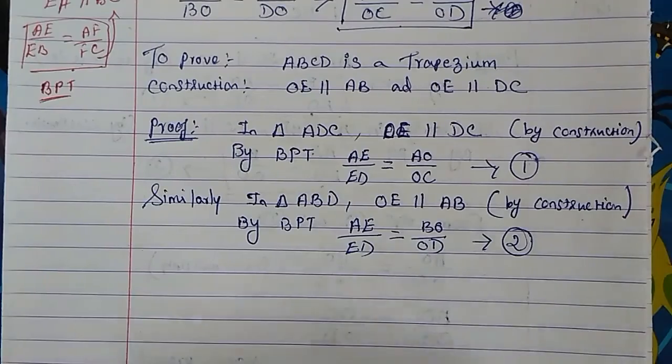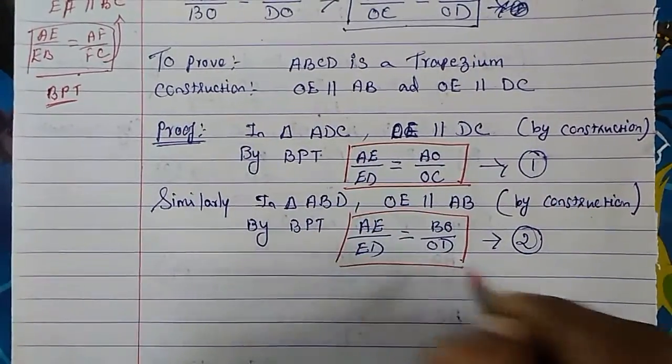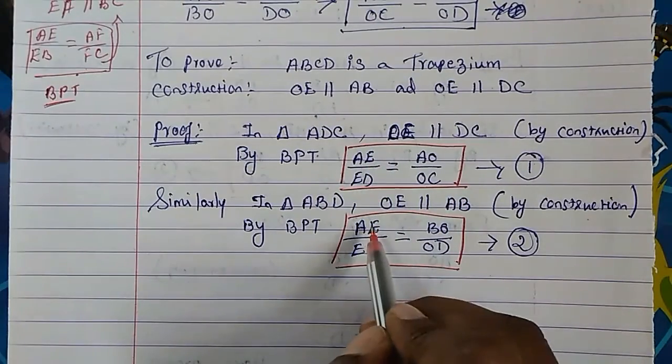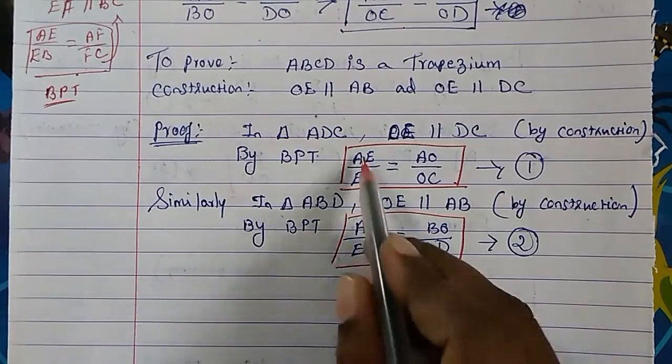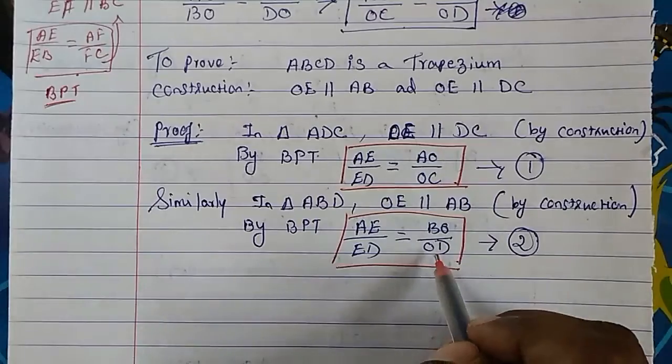Now look at both equations. Here also AE upon ED, here also AE upon ED. If the left hand sides are the same, the right hand sides will also be equal.